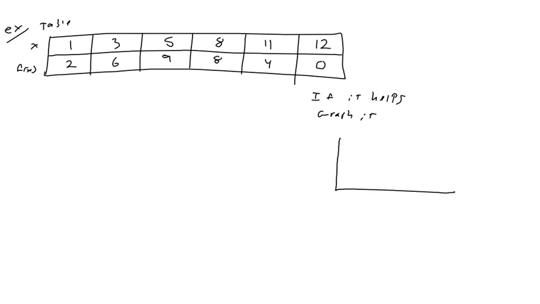Let's see. X goes from 1 to 12, and f of x goes from 0 to 9. Doesn't need to be perfect. Do an approximate graph. There's a point at (3, 6), a point at (5, 9), then (8, 8), then (11, 4), and then (12, 0).